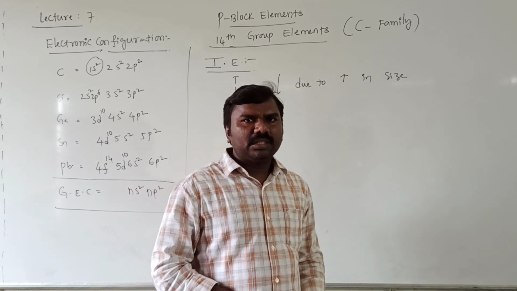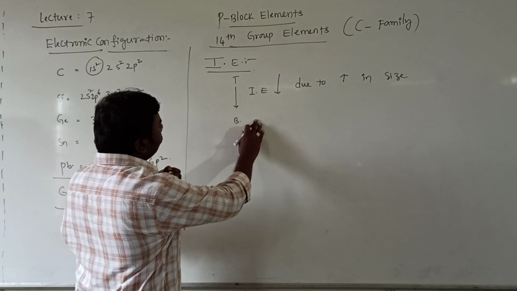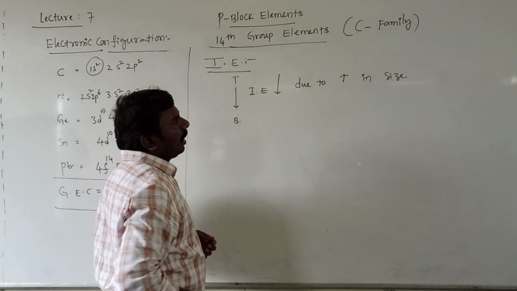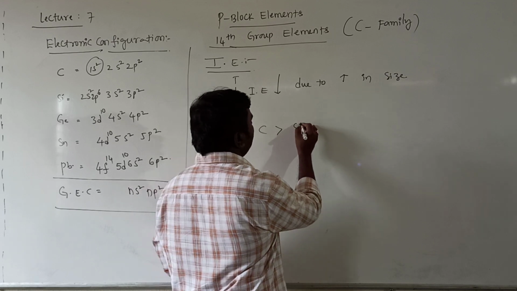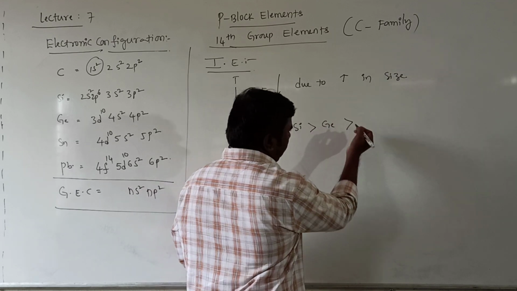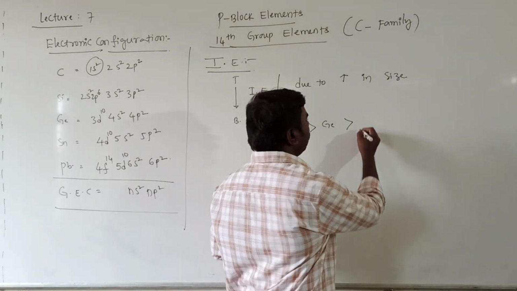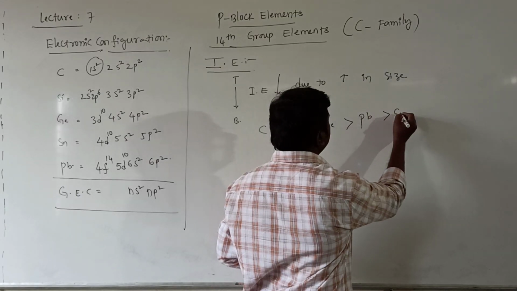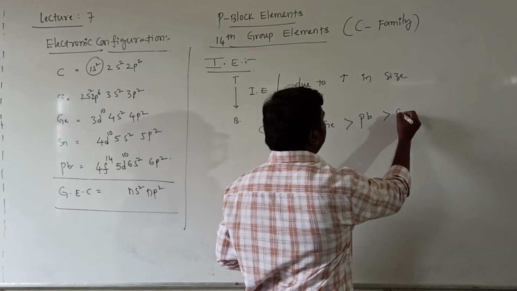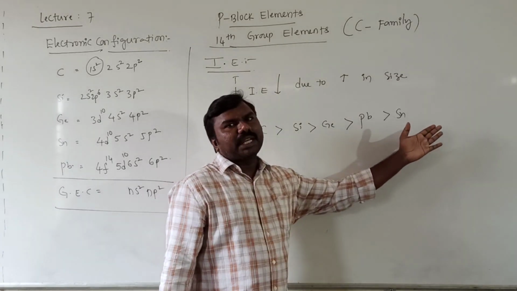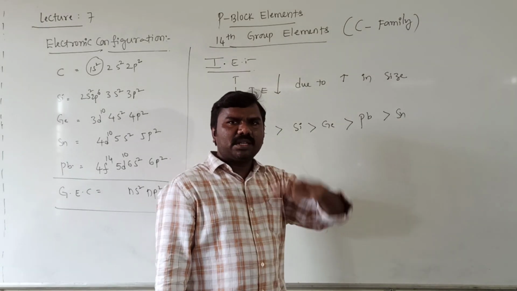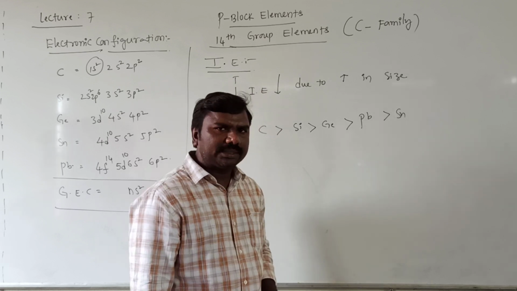That is clear. Now the order will be carbon greater than silicon, germanium. Actually tin must come, but instead of tin, lead is there. Top to bottom size increases, so obviously ionization enthalpy value decreases.